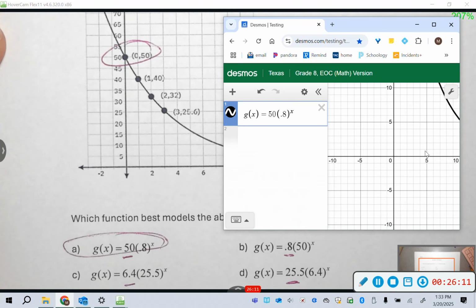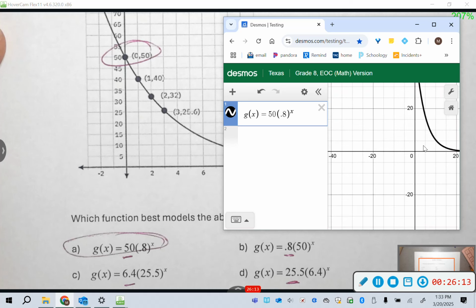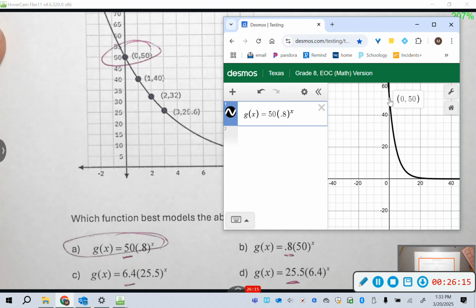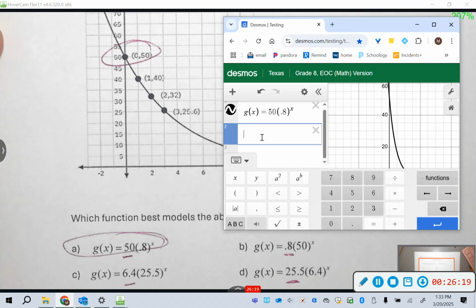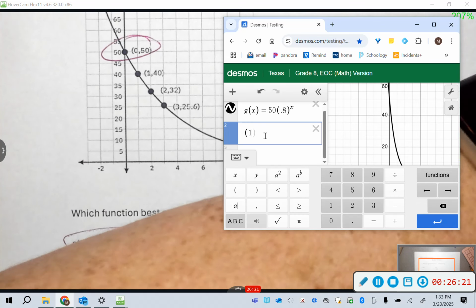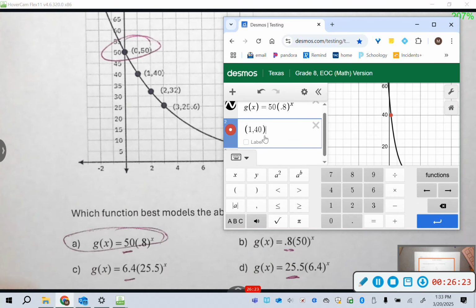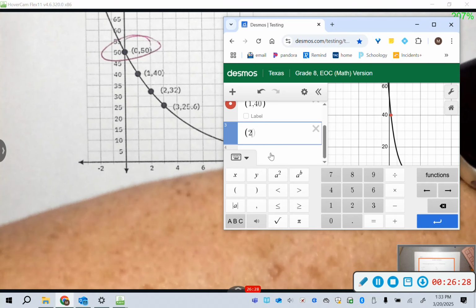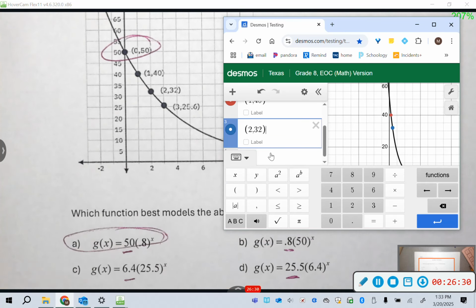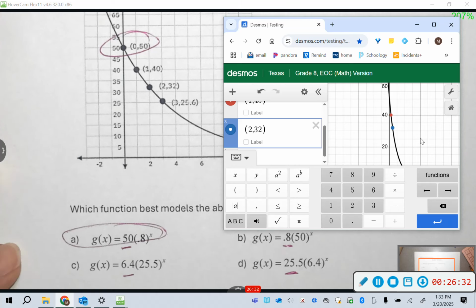Okay, I'm going to click the house, and we're going to make sure this looks the same, and it does. It touches at 50. We can even check a point. If I type the point 1 comma 40, it's on the line. If I type the point 2 comma 32, it's also on the line, so this is the correct answer.